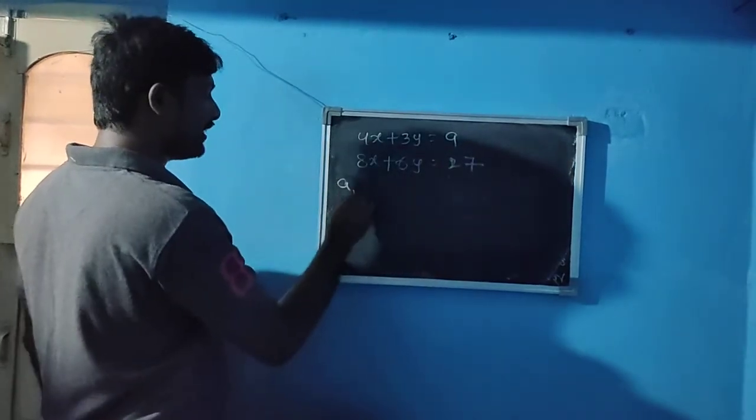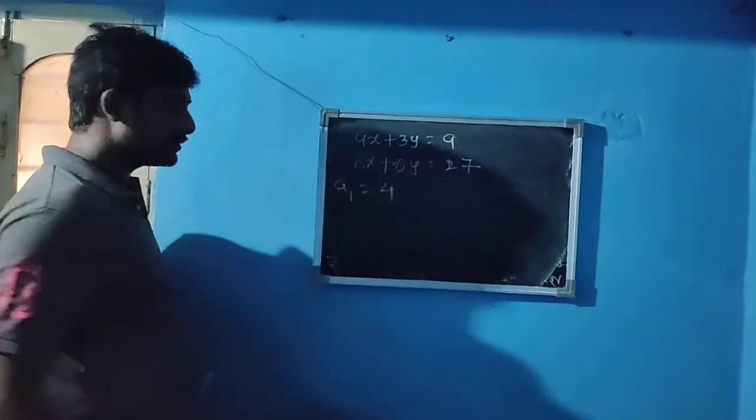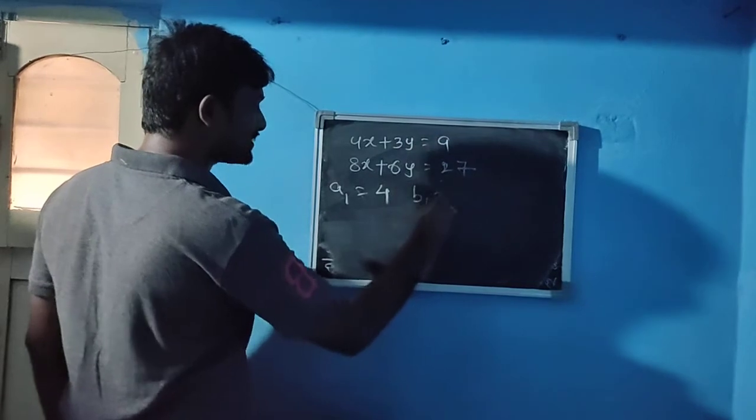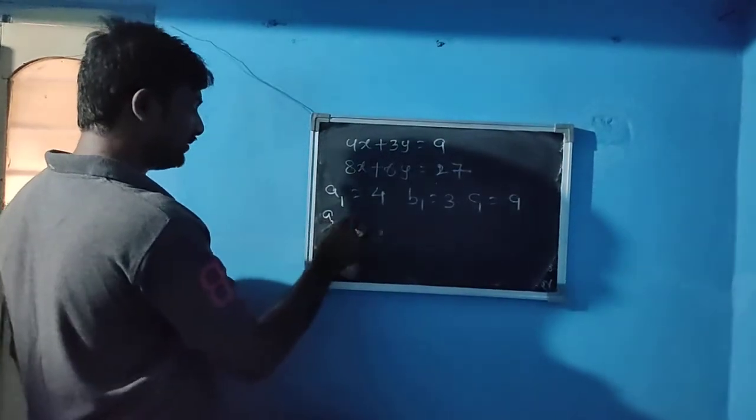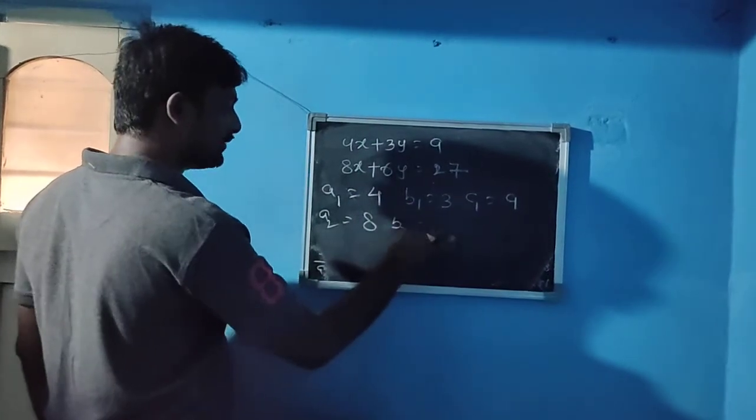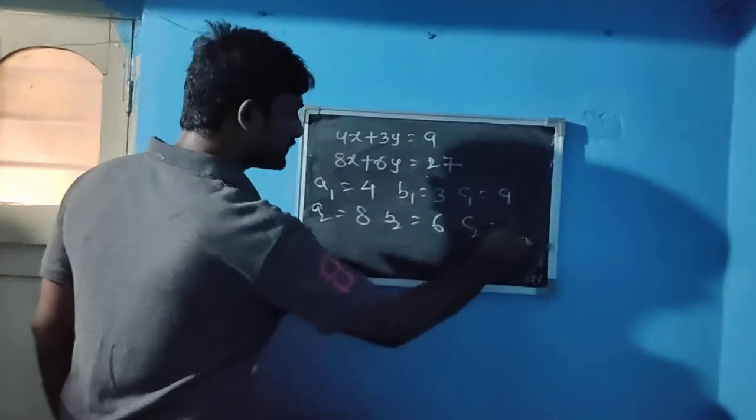In this one, a1 value how much? 4. And b1 value how much? 3. c1 value how much? 9. a2 is equal to 8. b2 is equal to what? 6. c2 is equal to what? 27.